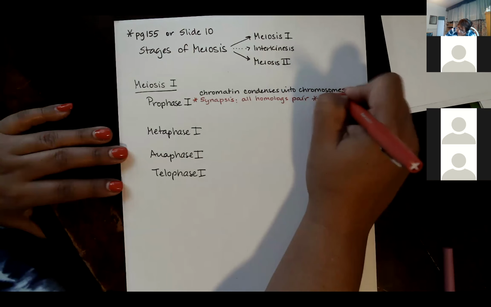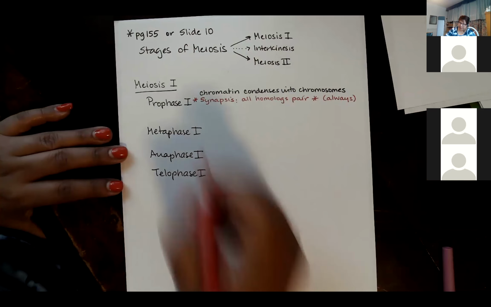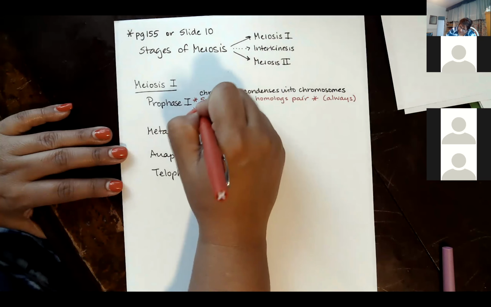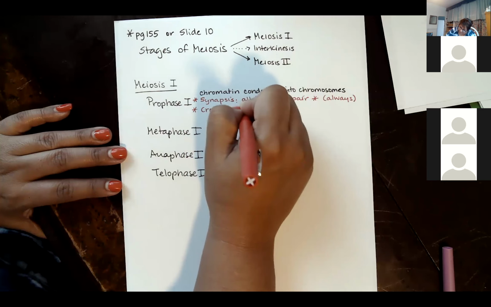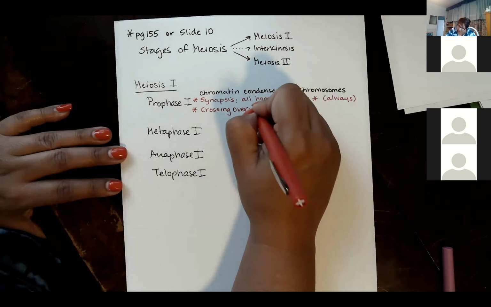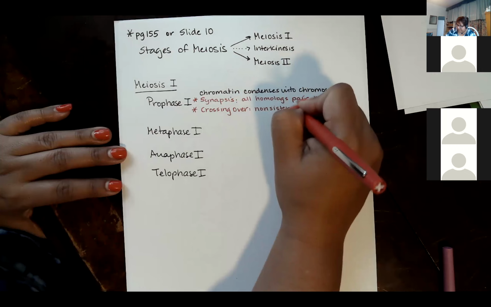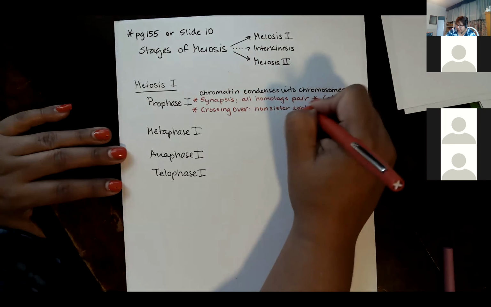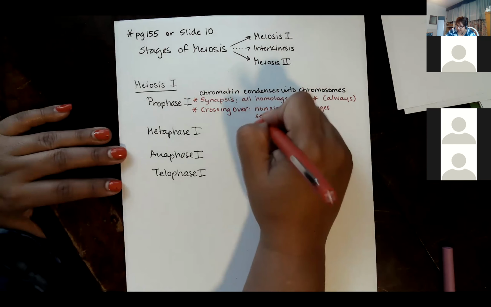Okay, so this always happens. The second event sometimes happens. And the second event is what's called crossing over. And crossing over is when non-sister homologs exchange segments of DNA.